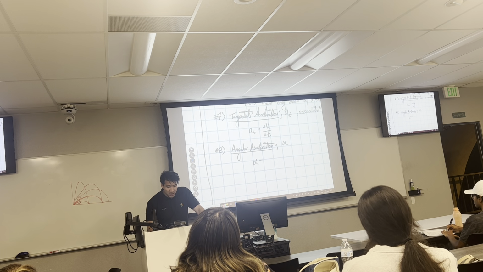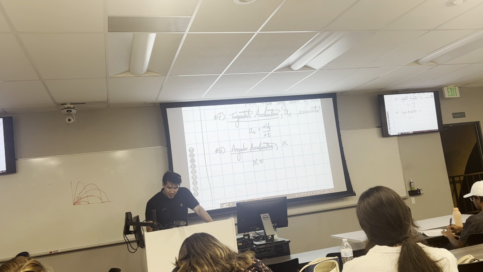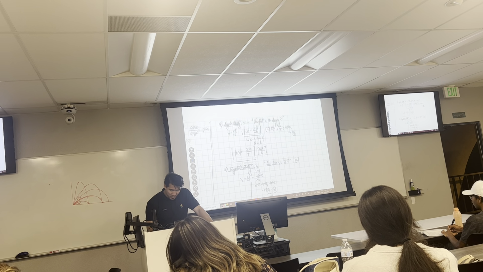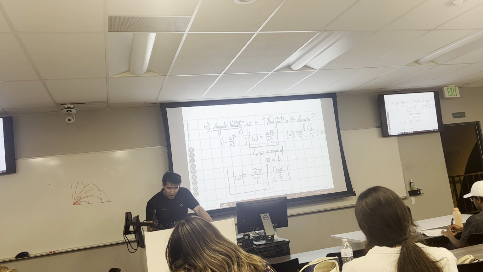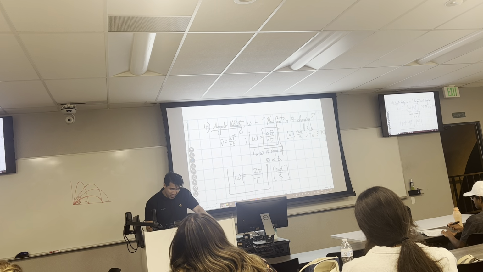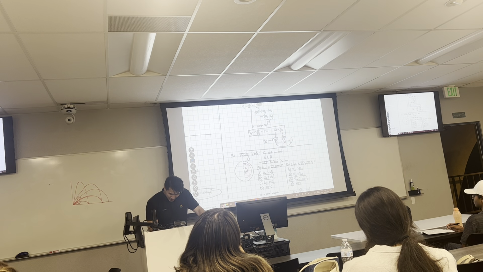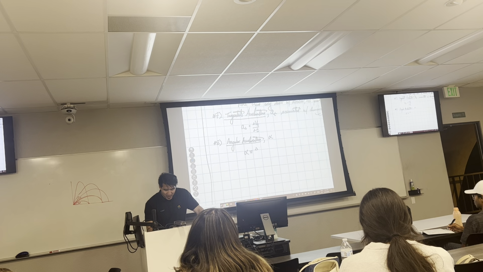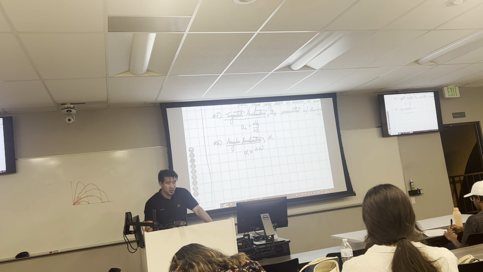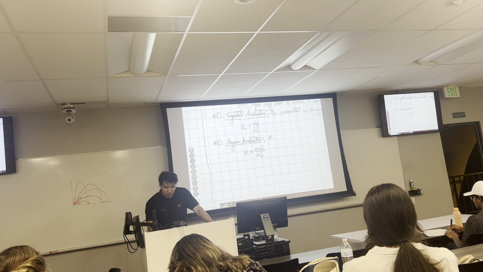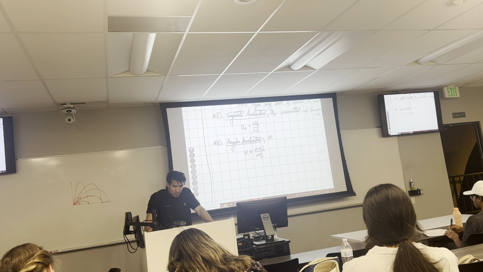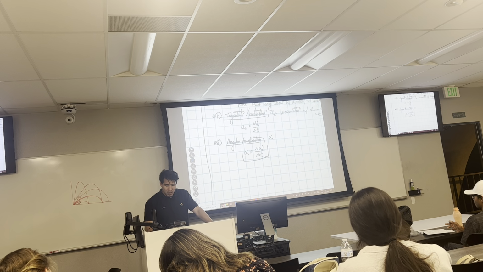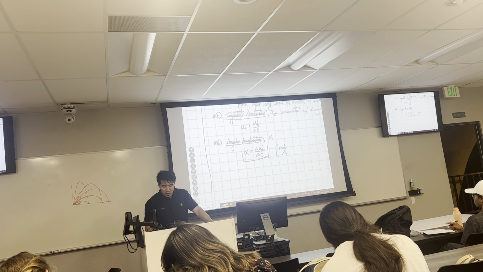And alpha is defined just like angular velocity was delta angular position over delta t. Angular acceleration is delta angular velocity, or delta omega, over delta t, and has units of radians per second squared.